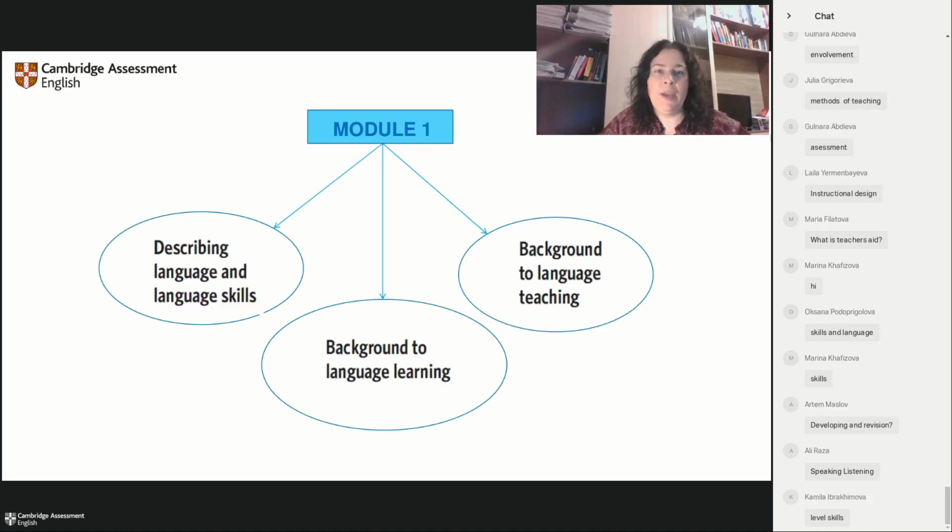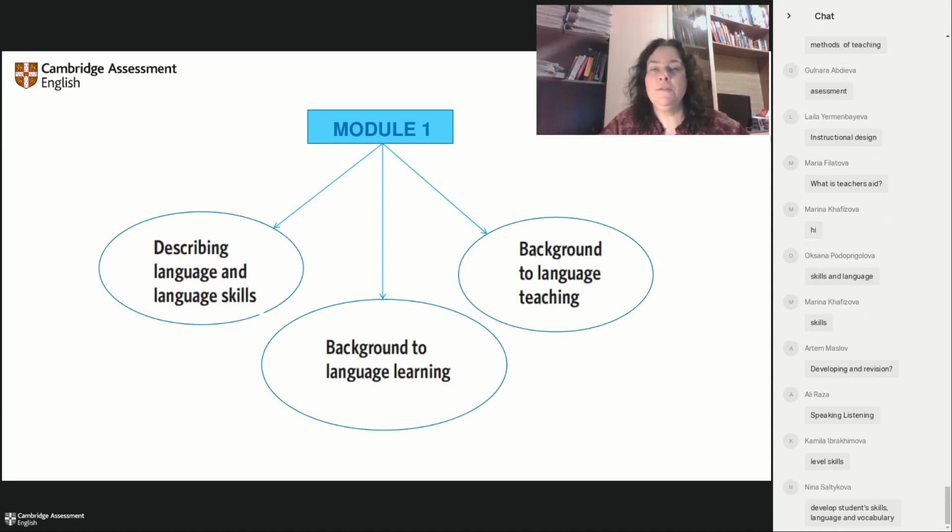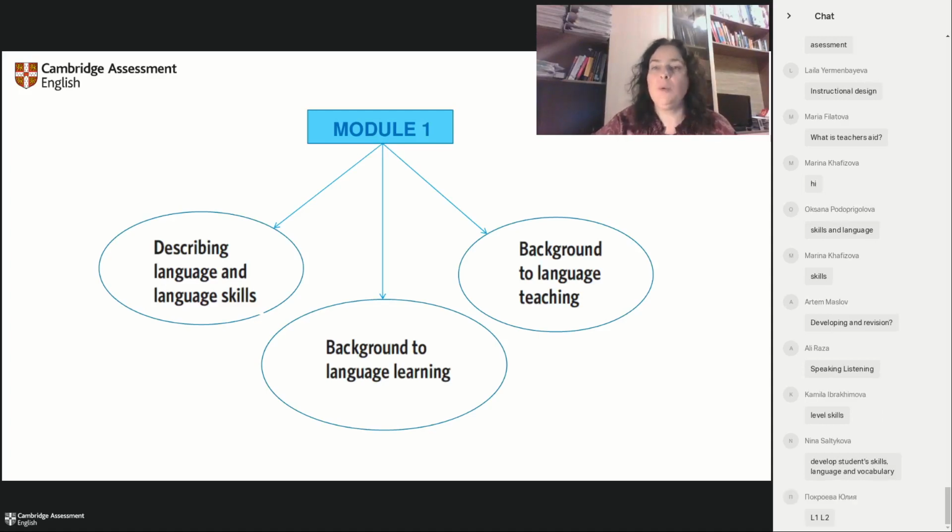In the second area, background to language learning, we are discussing different, well, I'm saying discussing because I usually run TKT courses here for our teachers, but what you have to consider is how languages might be learned. Well, how the first language is acquired by children, and how that knowledge might help us run our lessons.